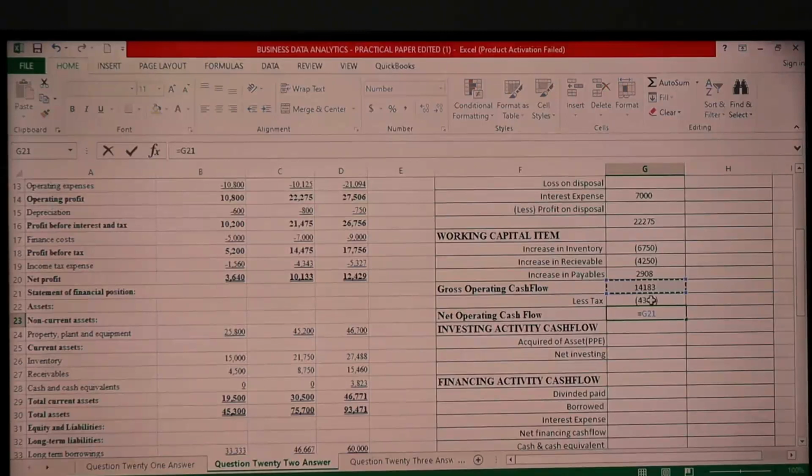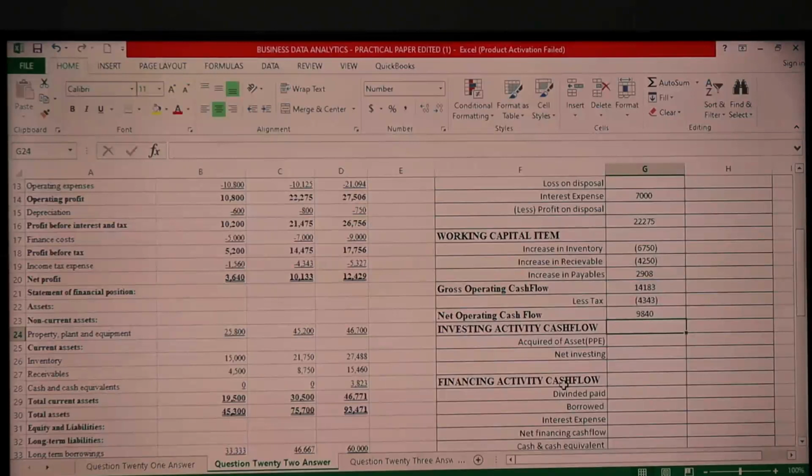If you say minus, then it will be minus. You're supposed to take this less this. So instead of typing minus, you put plus. If it is this plus this, which will actually minus. Then you press enter, it should give you that value, 9840. Then we move on to the investing activity cash flow.